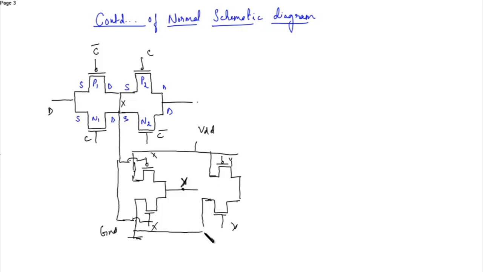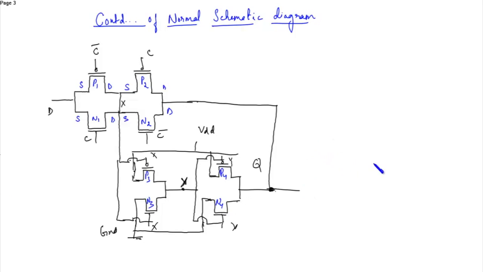So from ground, this and this Y will be connected to this and this. This is the final output Q. So from here the output is Q. Okay. So this is P3, N3, P4, N4.